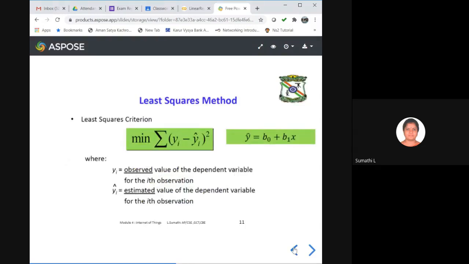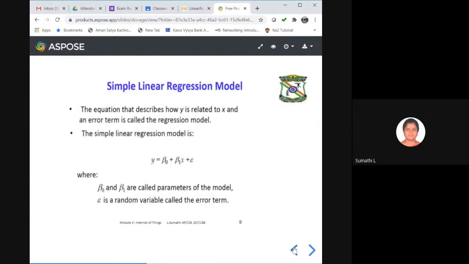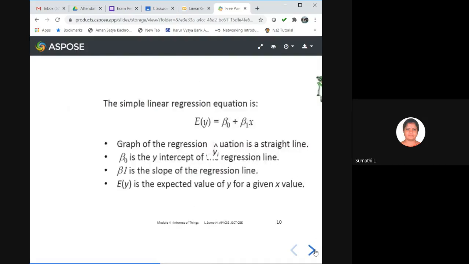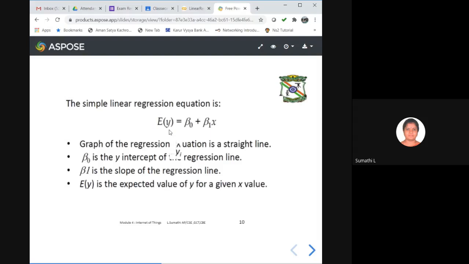Now I have transformed this straight line equation into a linear regression model. My intention is to find these parameter values such that this error term is minimized. So how do I determine these parameter values? I randomly try some values for B0 and B1, and I try to find the estimated value given the X value.